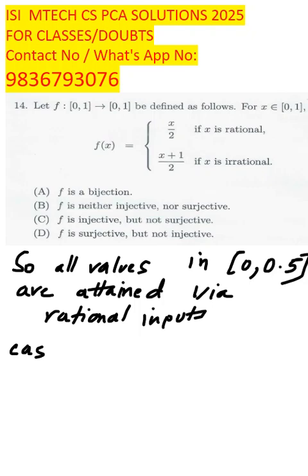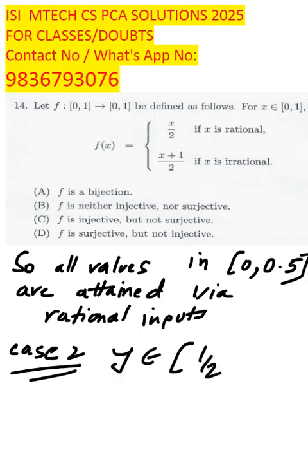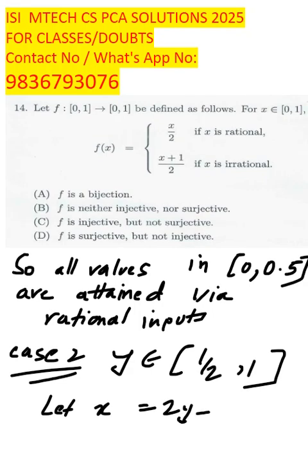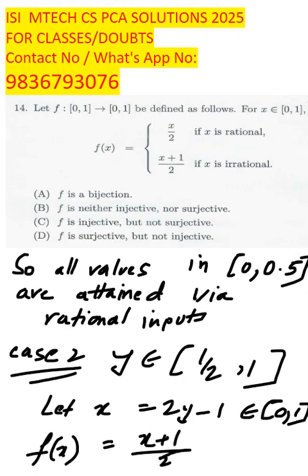So now case 2 is what? y in (1/2, 1). So let x be equal to 2y minus 1, that is in (0, 1). Okay, and x is irrational. So f(x) is x plus 1 by 2. So that is 2y minus 1 plus 1 by 2, so that is y. So all values in (0.5, 1) are attained via irrational input.